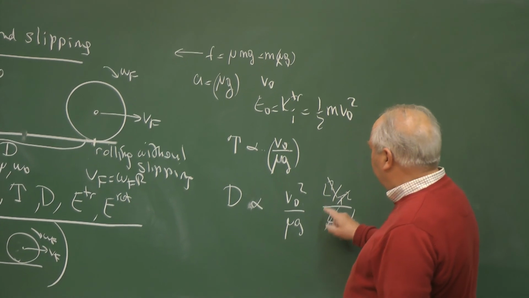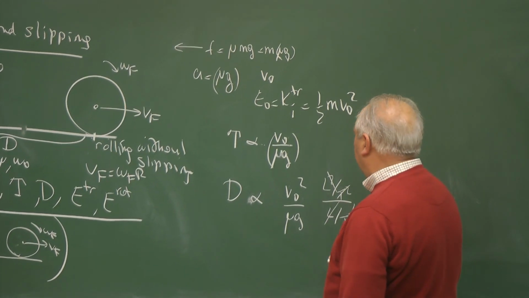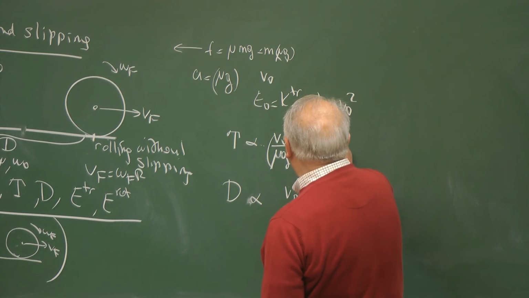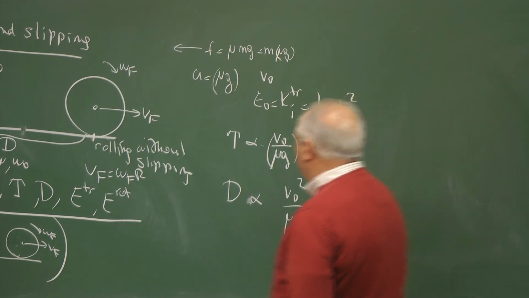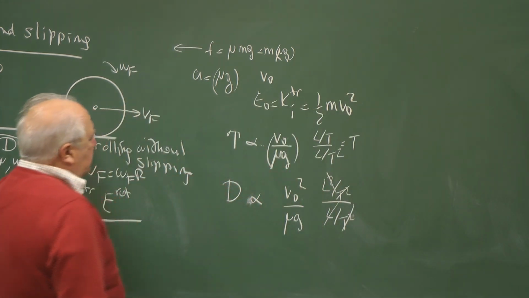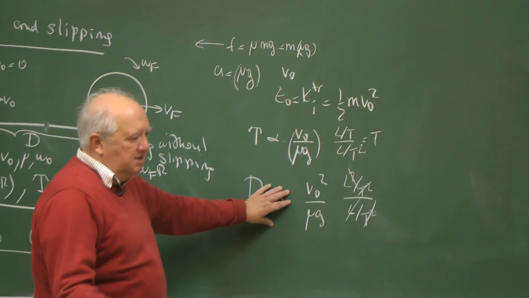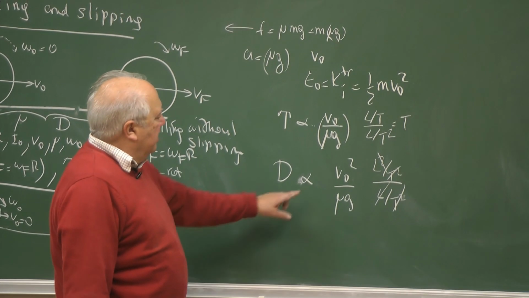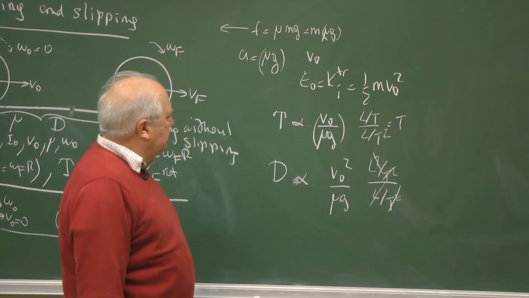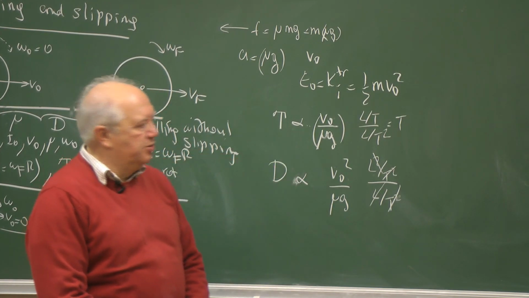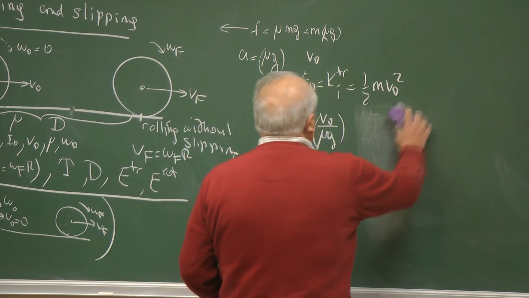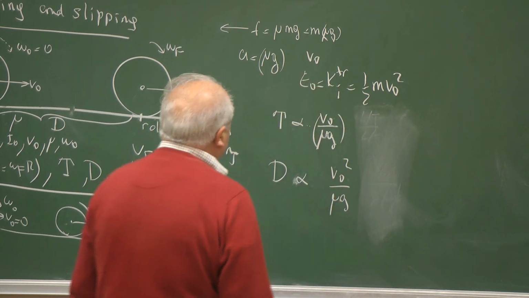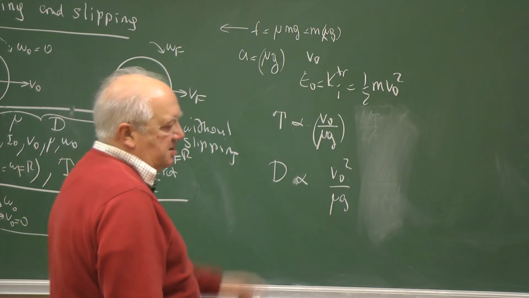As I'm looking at the dimension, the dimension is length L. Likewise here, L over T divided by L over T squared, so this is just T. Okay, so this distance is some coefficient times v0 squared over mu g, and T will be in terms of v0 over mu g. All right. And so these are the characteristic times and lengths. This is the characteristic energy.